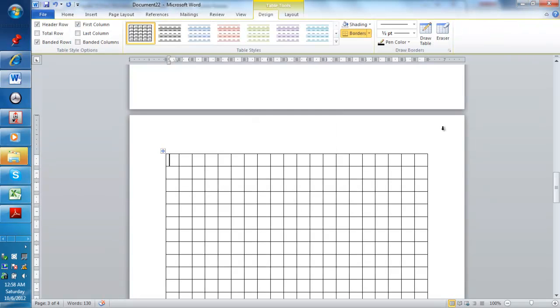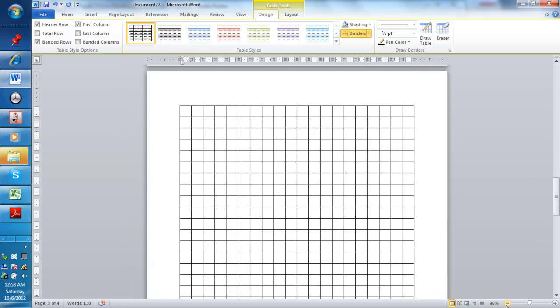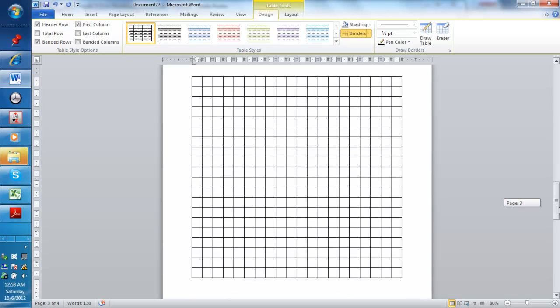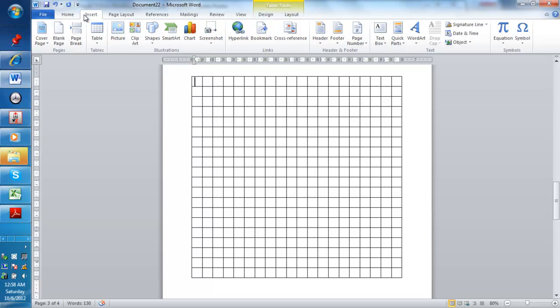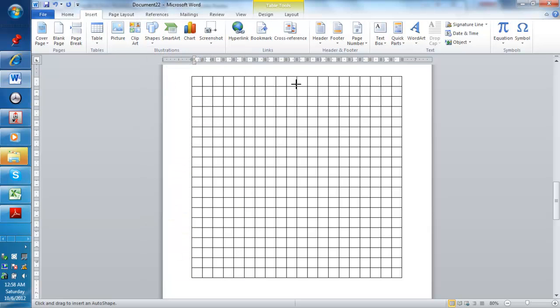It's a pretty fair grid. And I like to insert the x and y axis. So I go to Shapes, use a double arrow, and locate where the center is: 1, 2, 3, 4, 5, 6, 7, 8, 9, 10, 11. So right about here is about the halfway point.